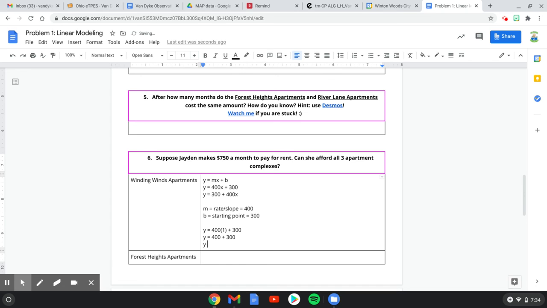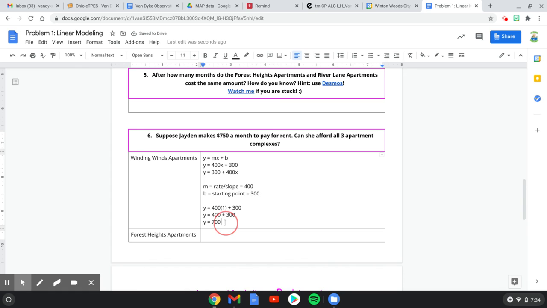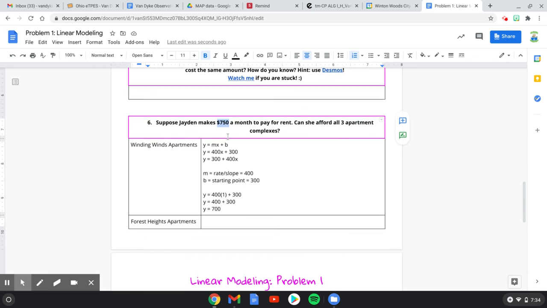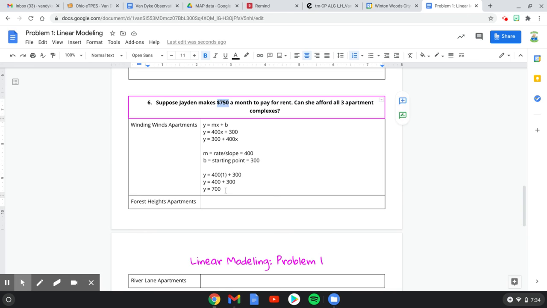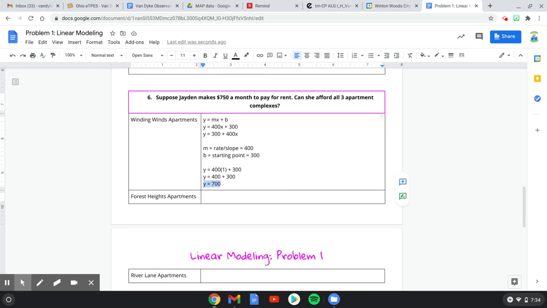So I'm working this out, replacing x with 1. For Winding Winds Apartments, it only costs $700 for the first month. So she definitely can afford this apartment complex because it's within her budget of $750. If this number was bigger than $750, she could not afford it because it is out of her budget.